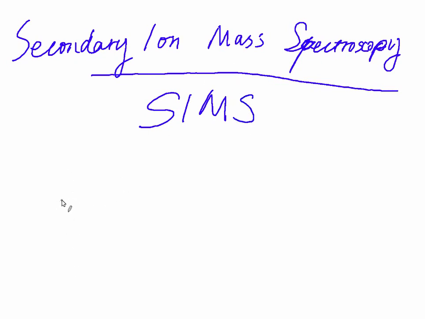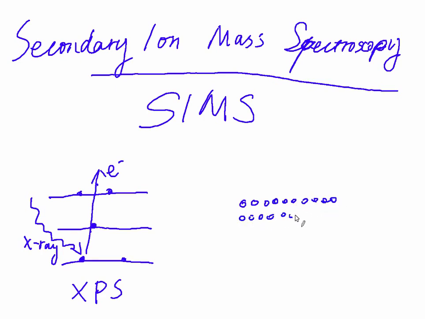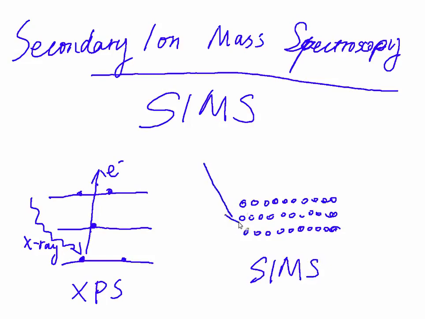We have previously discussed X-ray photoelectron spectroscopy, where the mechanism is like this: X-ray shining on the atom, an electron will be ejected from the atom, and we can detect the signal from the ejected electron. For secondary ion mass spectroscopy, the process is sort of similar, but the mechanism is different.